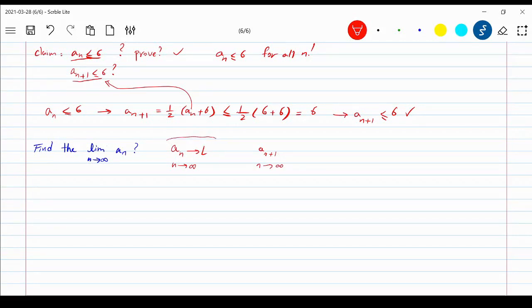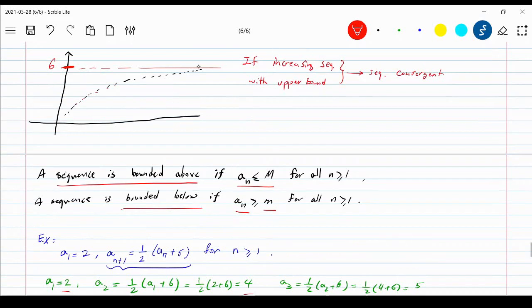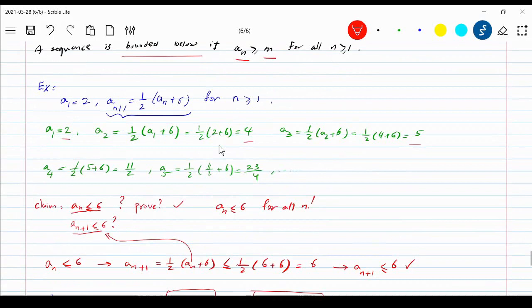If this is true for every n after a certain value, then this must also approach L, because infinity plus 1 really doesn't make any difference. So I can claim that as you're calculating the limit for n approaching infinity, a_n and a_{n+1} both have to approach the same value, because they're very close to it. These two are both very close to that L value.